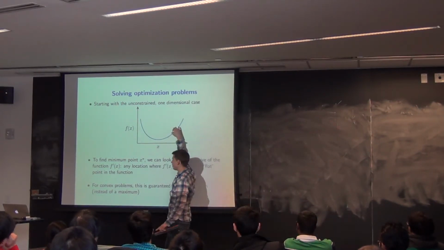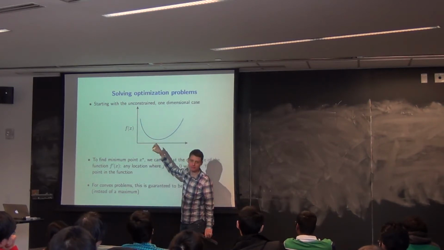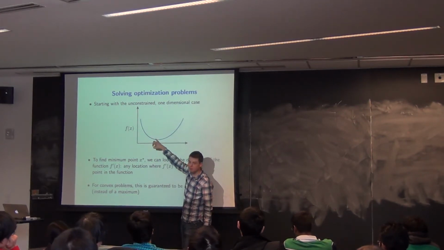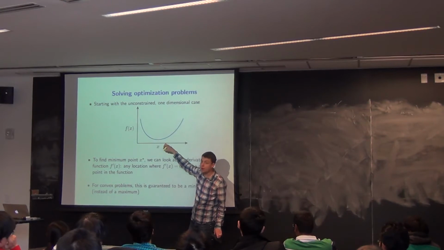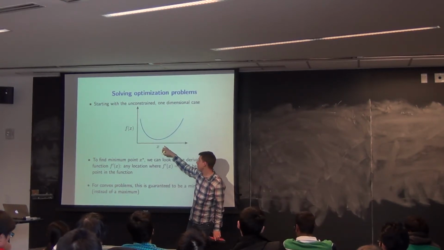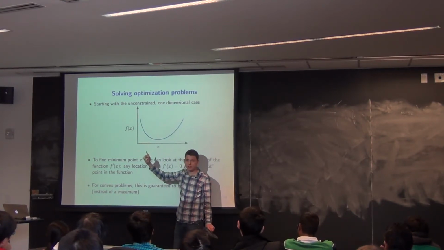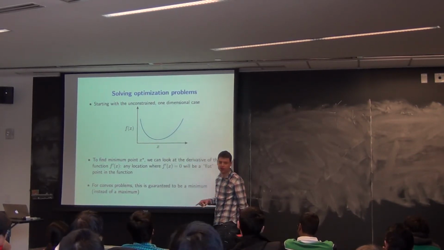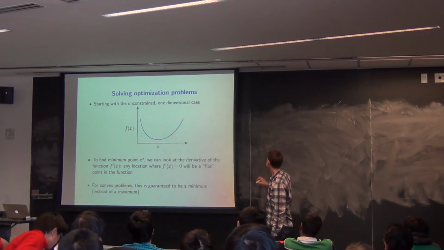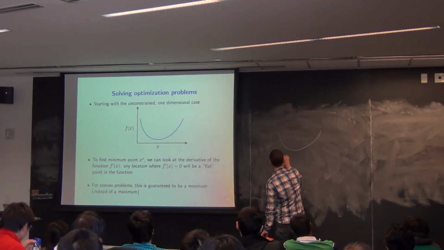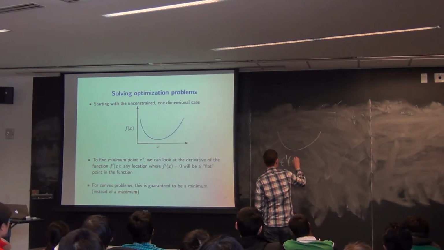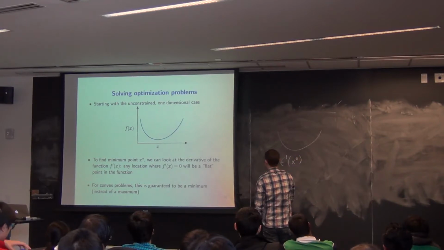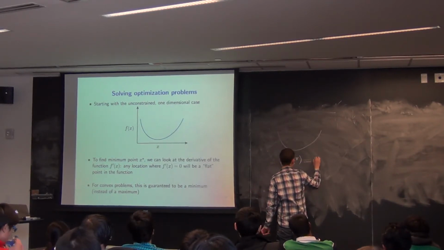So we have a function f of x. We want to find a minimum point. Now, one thing that we know about this minimum point is that the derivative, think of a scalar function for now, the derivative f prime at the optimum point is equal to 0.